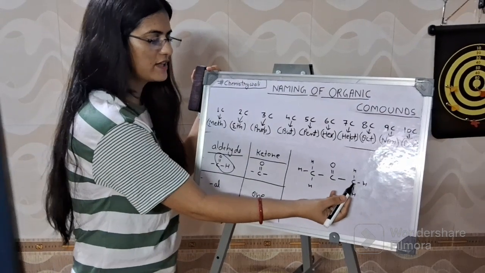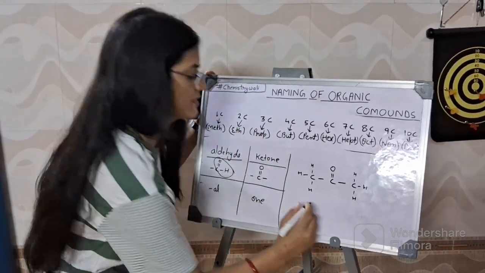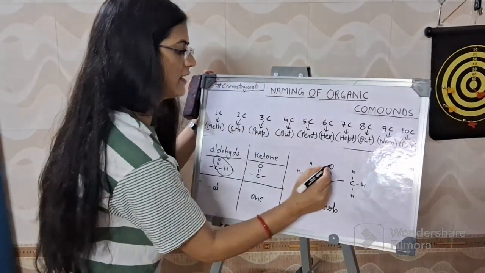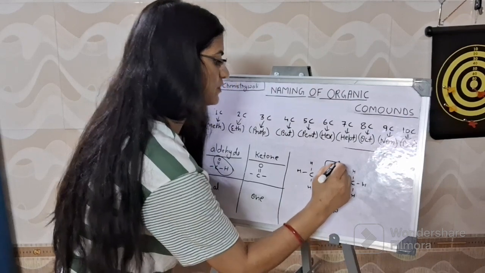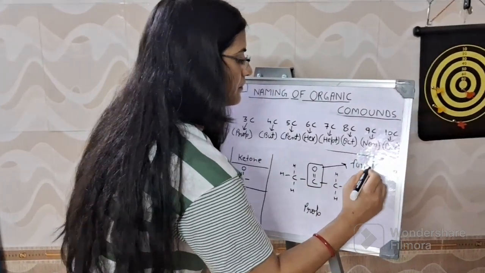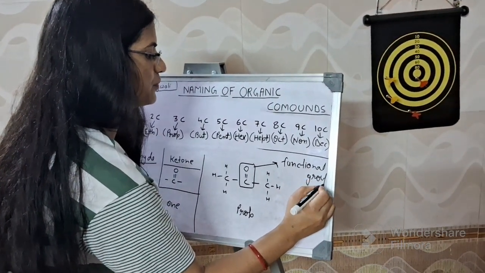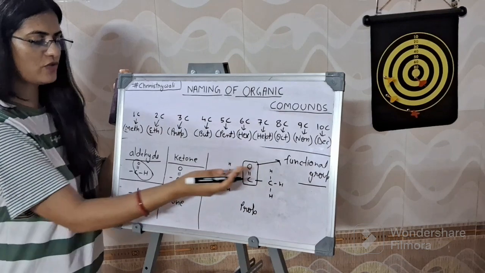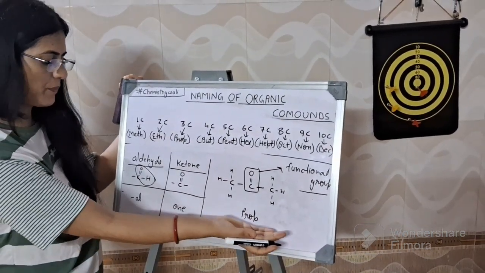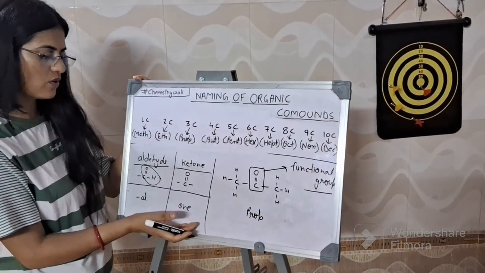We count the number of carbons. 1, 2, 3 carbons are there. For 3 carbons, pro. Single bond except at the functional group. This is the functional group here. Except for the functional group, all bonds are single. That is propane. But for ketone, the suffix we use is -one.